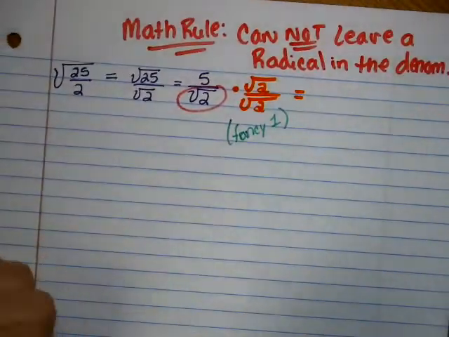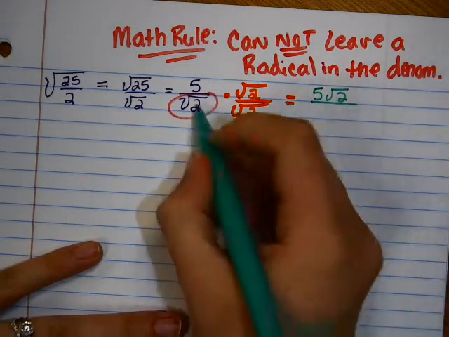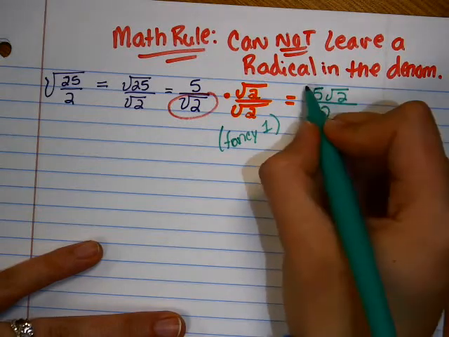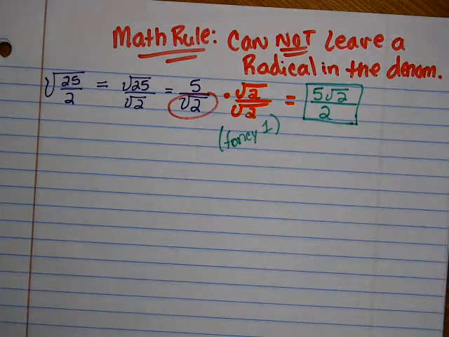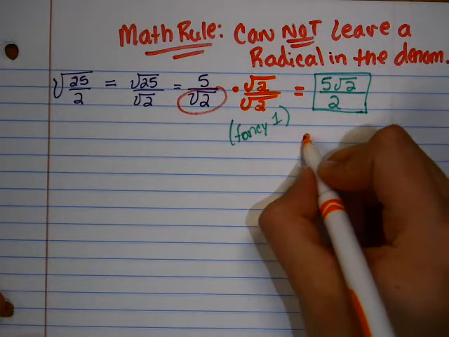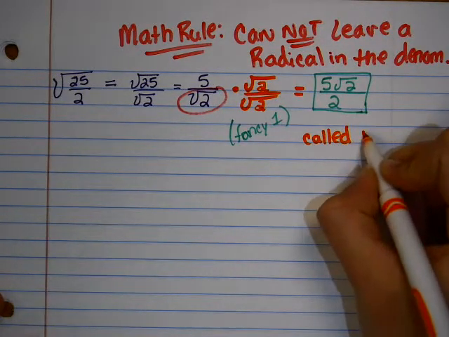Okay, so then I'm left with 5 square roots of 2, and we know the square root of 2 times the square root of 2 equals 2. So now I have all my bases covered. It's in simplified form. And we call this rationalizing the denominator.